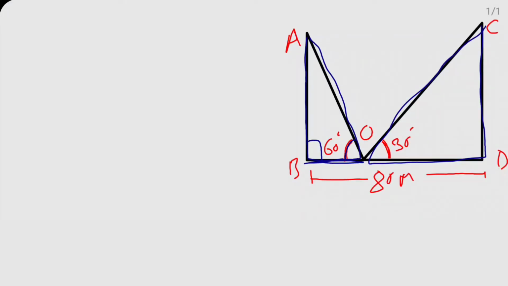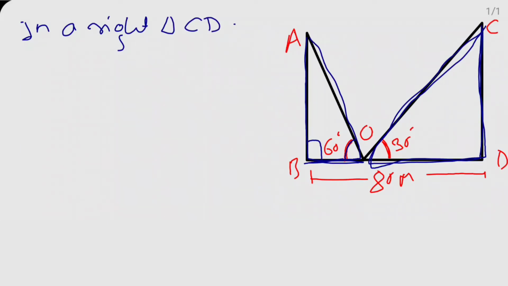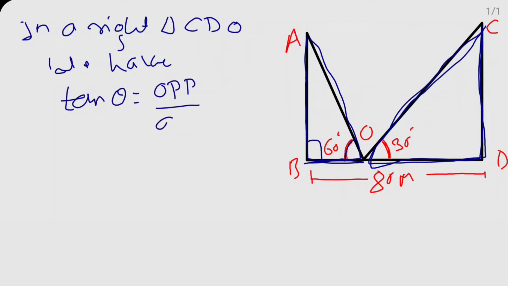So now I will consider triangle CDO. So write down here, in a right triangle CDO, we have tan theta equal to opposite by adjacent.